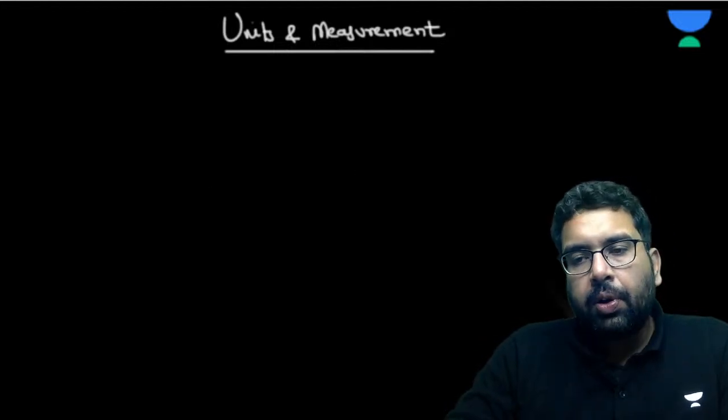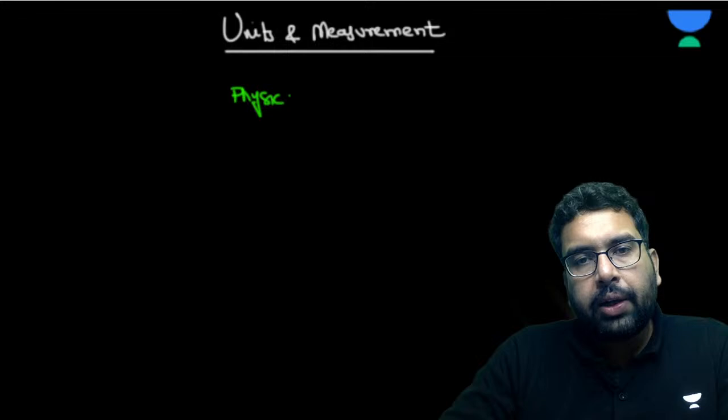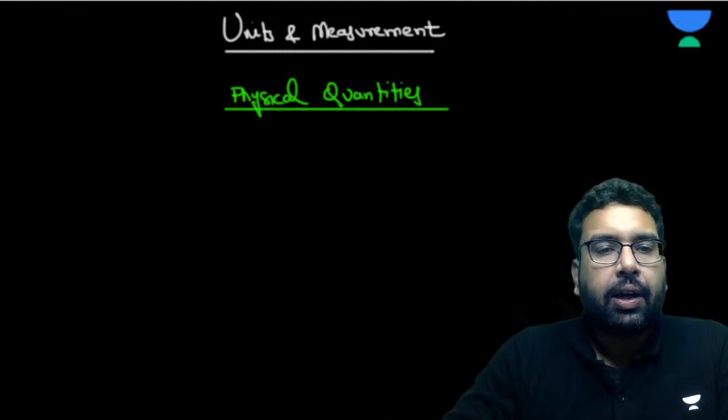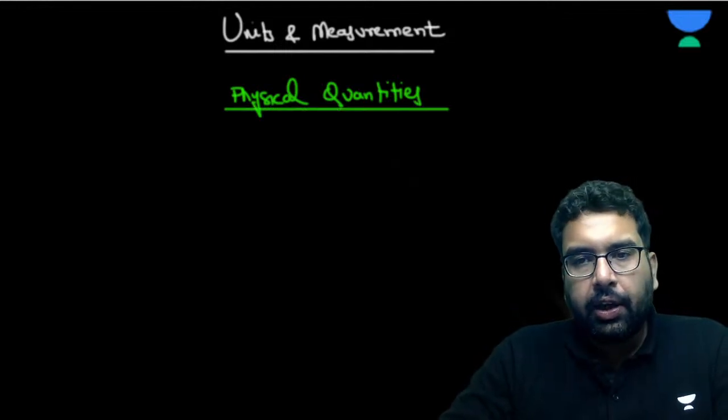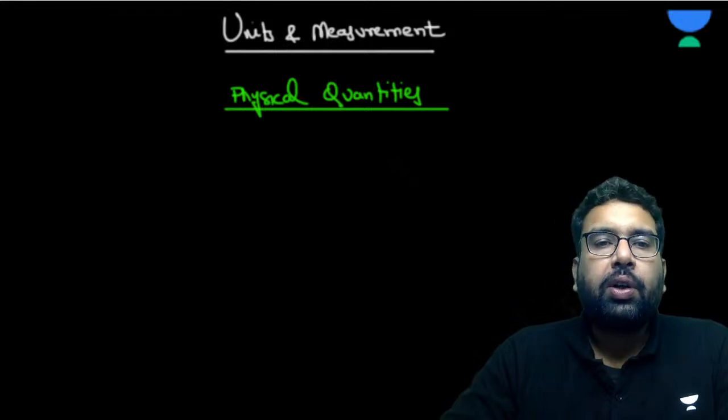So, in the chapter of units and measurement, the first thing that we must know about is the physical quantities. This chapter gives you an insight into the whole of physics, what we are going to deal with and what is waiting for us.